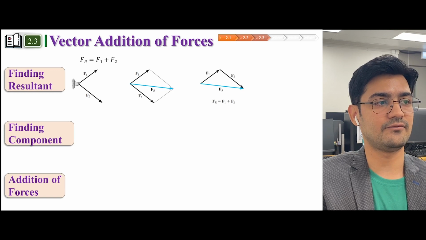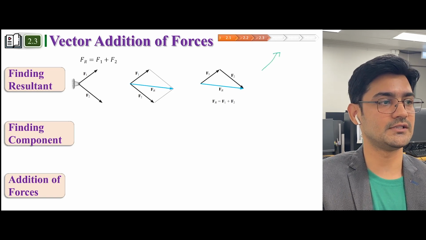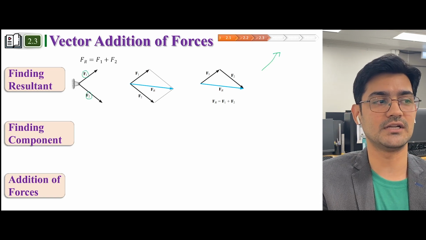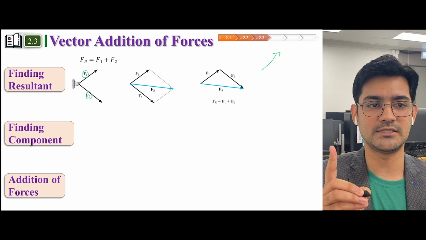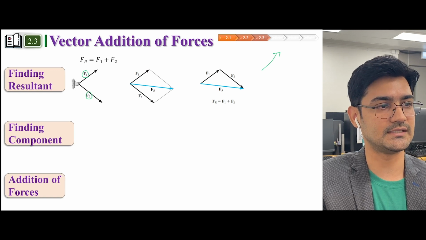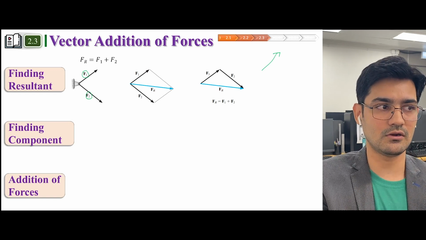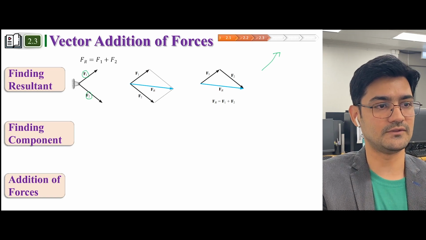So if we have to find the sum of two forces, for example you have force 1, you have force 2, and if you want to find the resultant, you will use the same principles which we have studied in vector addition, and you can find the resultant of these two forces as well. So for example, let me use the triangular law to find the resultant of these two forces.